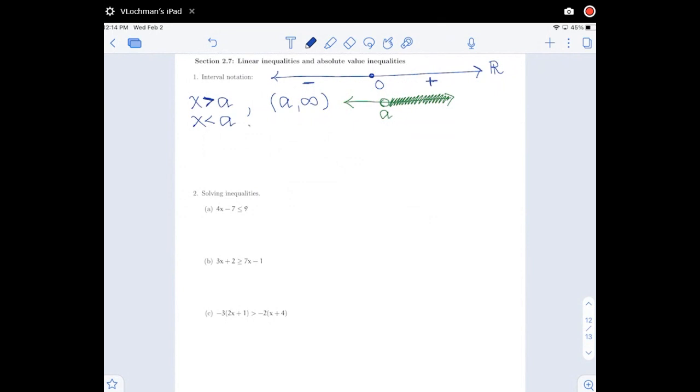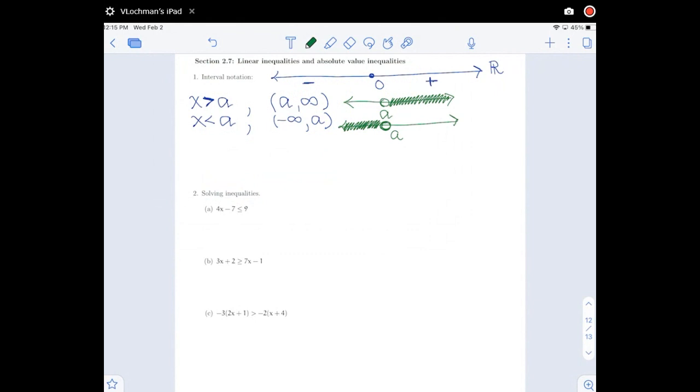In the interval notation, we would go from negative infinity to a, parentheses. Okay, on the graph, what would that look like? Here's my real line, here's my a, I'm still excluding it, and that would be everything to the left of that value.